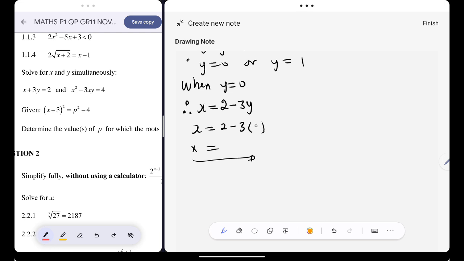The value of y was 0. So for me to find x, I'll say 2 minus 3 times 0, I'll get 2. So I know that y is 0 whenever x is 2.